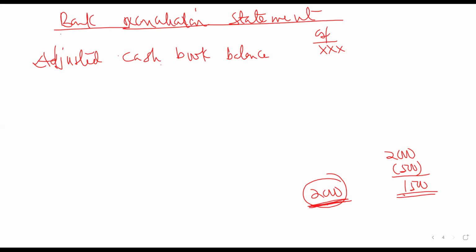So I think the previous transaction should be reversed since the person has not taken the money. Okay. So you can see that the 500 has not been taken, it means that the 500 should not be subtracted in the first place. So you come and add your 500 back. You are adding the unpresented check to your adjusted cash book balance, which is 1,005.